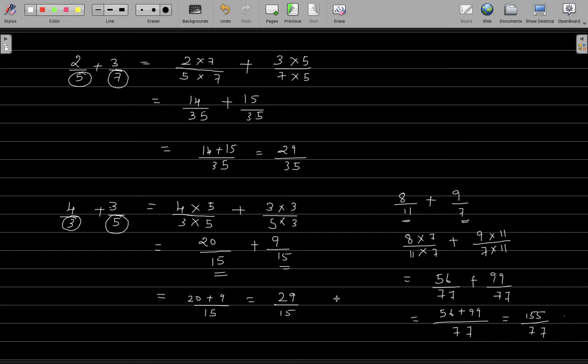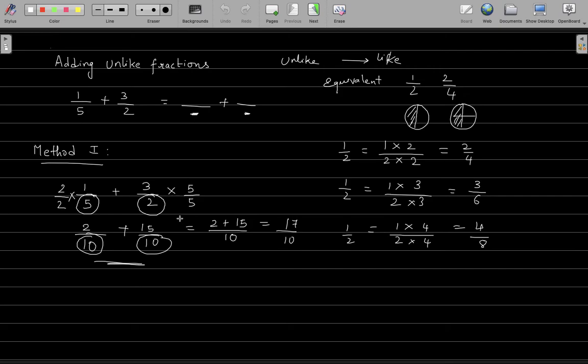So we have the procedure here. The first method is to convert the given fractions to equivalent fractions such that those equivalent fractions will have the same denominator. Because you want the same denominator, we are multiplying both numerator and denominator of the first fraction with the denominator of the second fraction.